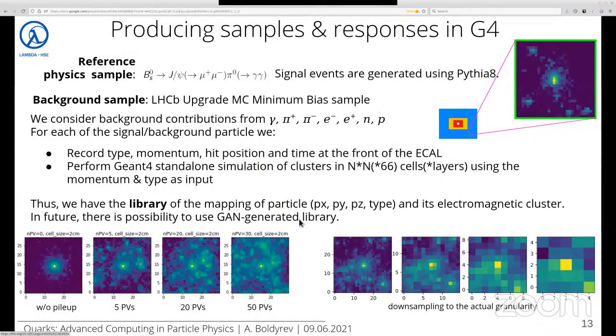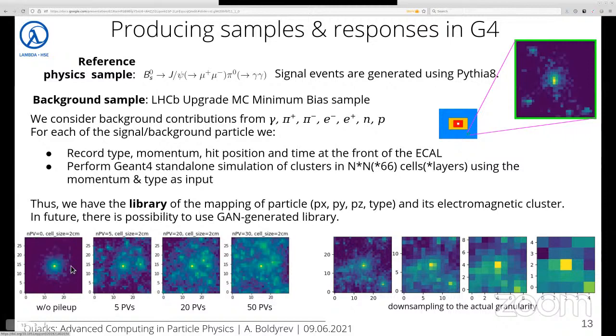And this slide describes how we simulate the responses. We use Geant for responses, and this physics process is our reference process, a signal process, and we also use LHCb Monte Carlo minimum bias samples for the background sample.